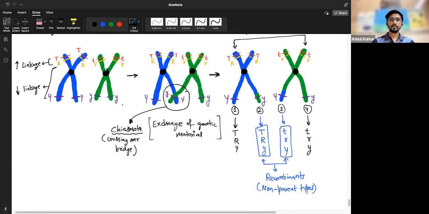Now, do you have NCERT? Open your NCERTs and come to page number 84. You cannot see the screen right now? No. Okay, just one moment. There is a figure on page number 84, right?